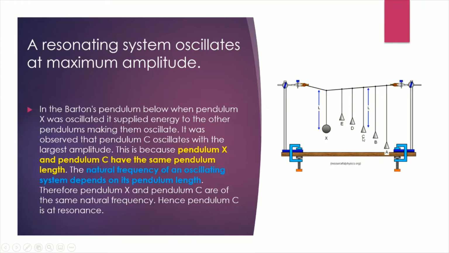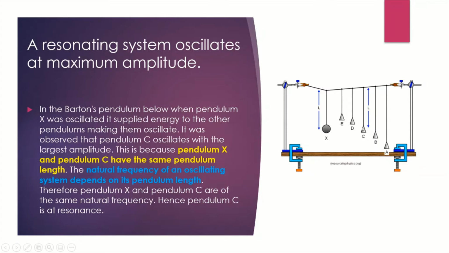A, B, C, D, E will start to oscillate, but only one particular pendulum is oscillating at the highest amplitude. We have watched the video just now. It was C that was oscillating at the highest amplitude, because C receives the maximum energy from X. Why does C receive the maximum energy?